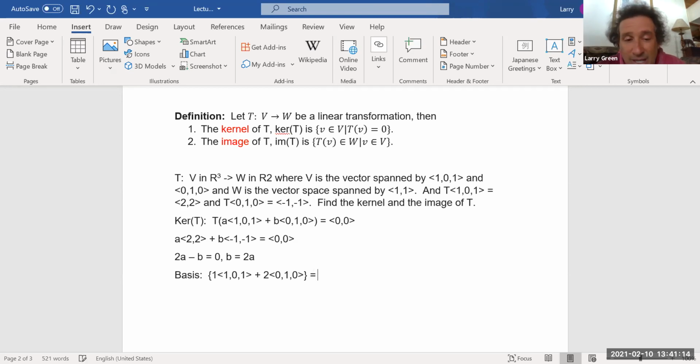Okay, and that may not look like a single vector, but it is. That's the vector 1, 2, 1. Okay, and this is our basis for the kernel of T. Any questions on that?